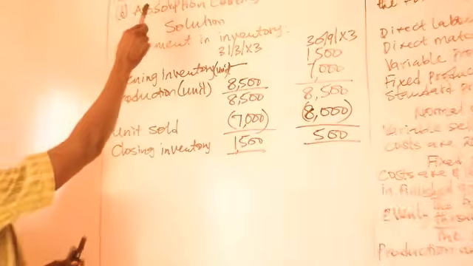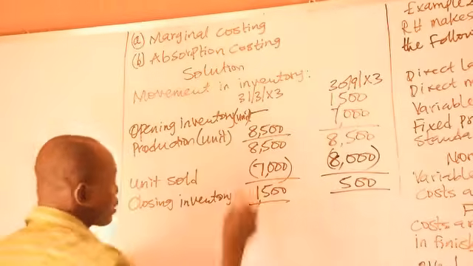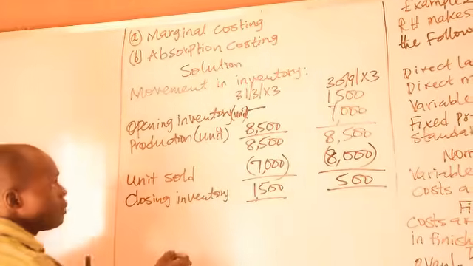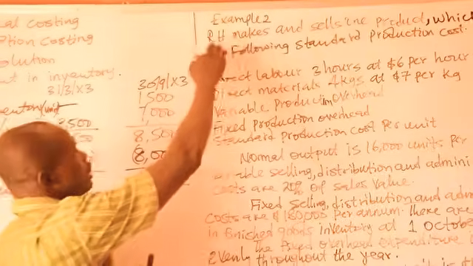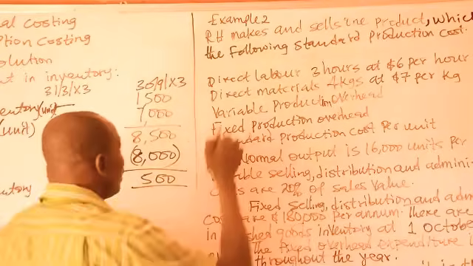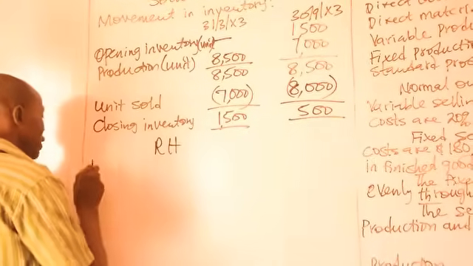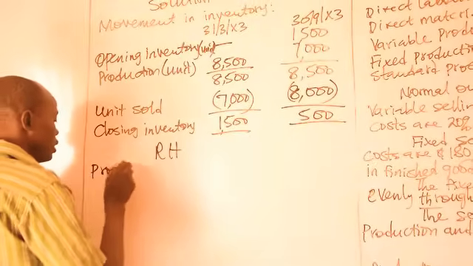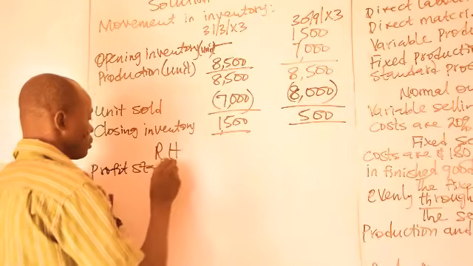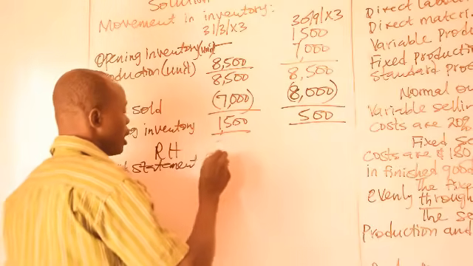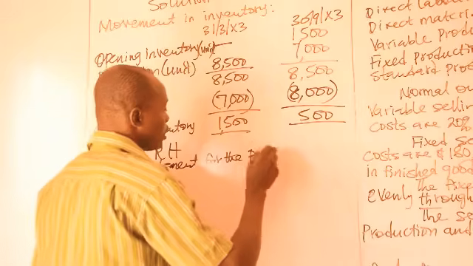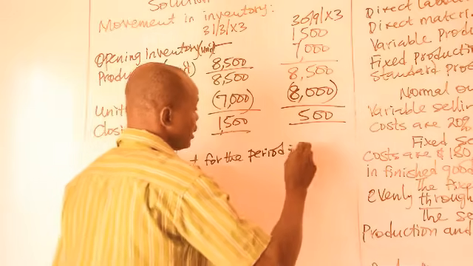Now, you are to prepare the profit statement using marginal costing. The name of the entity is RH. So you can have RH Profit statement for the period ending.